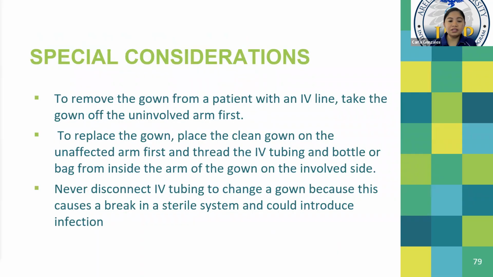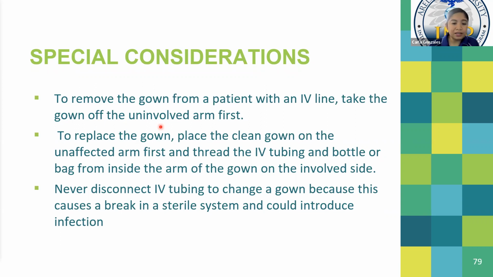So special considerations, yung removing of the gown. Yeah. So when you remove the gown, you take the gown off the uninvolved arm first. Okay, so you remove the gown without the IV line. And then the last thing to remove would be from the arm with the IV. Yan.